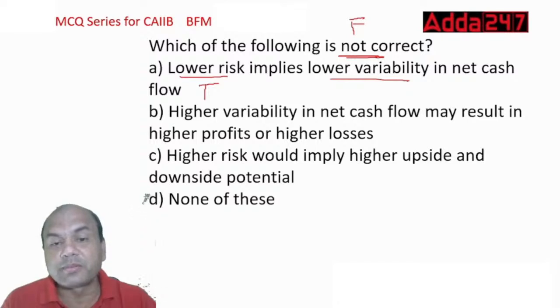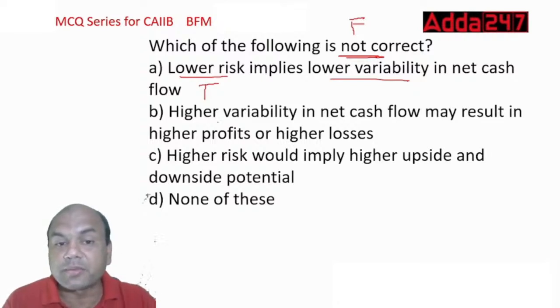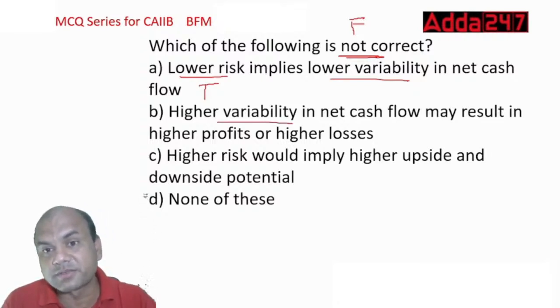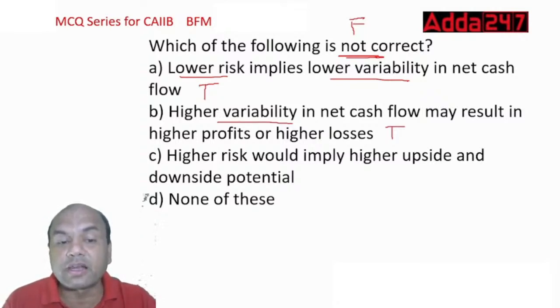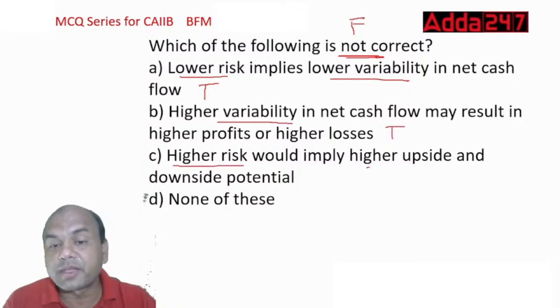Higher variability in net cash flow may result in higher profits or higher losses. Higher variability: sometimes I'm getting huge cash, sometimes no cash. So it may result in higher profits or higher losses, both. That is true again, isn't it? Higher risk would imply higher upside or higher downside, right?